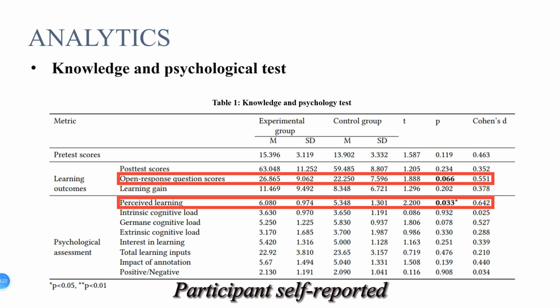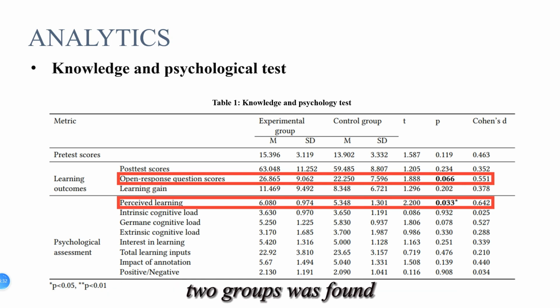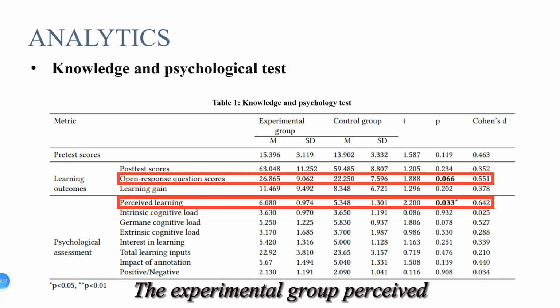Participants self-reported their perceived learning in the post-test, and a significant difference between the 2 groups was found. The experimental group perceived significantly higher learning than the control group.